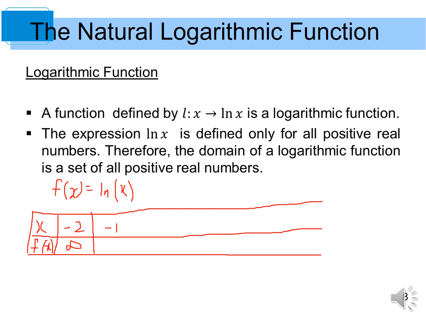For -1, also undefined. 0, undefined. 1, 0. 2 is around 0.7. 3 is around 1.1, and so on.